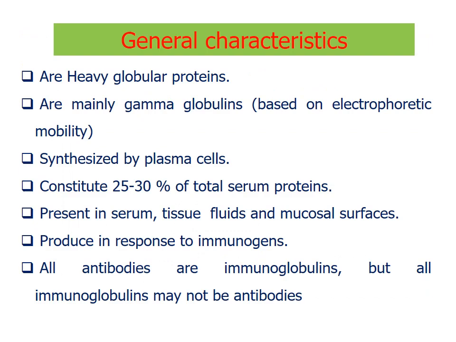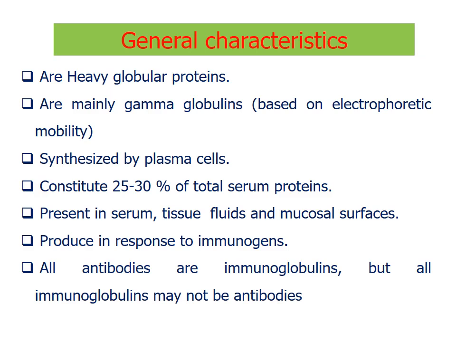Now, what are the general characteristics? We have come to know in the previous two slides that they are heavy protein, globular protein, glycoprotein, belonging to gamma globulin, produced by plasma cell in response to immunogen.